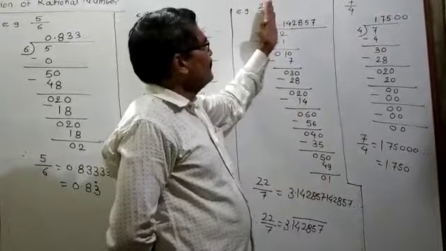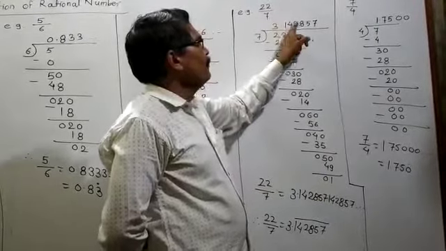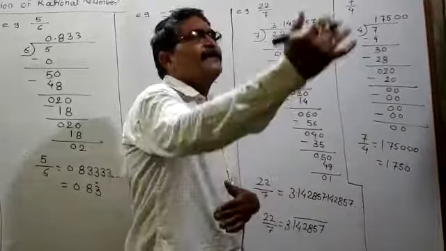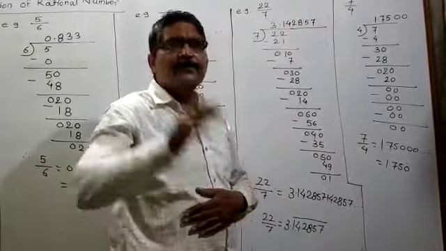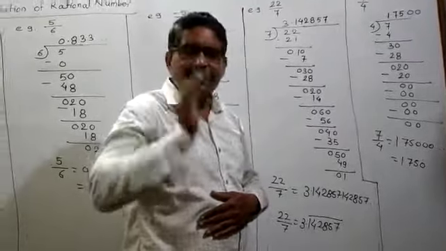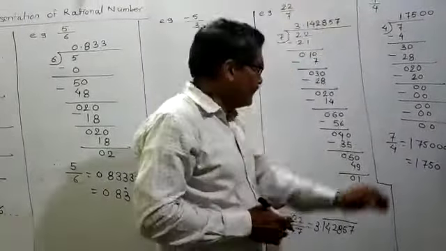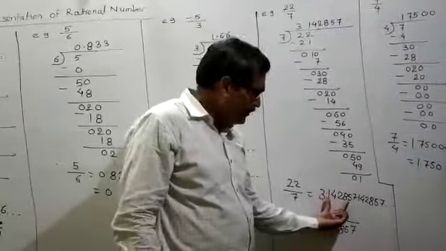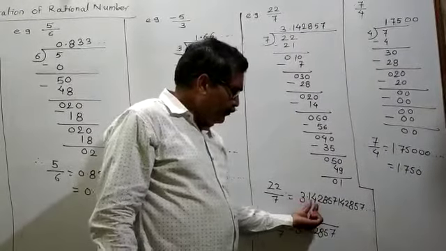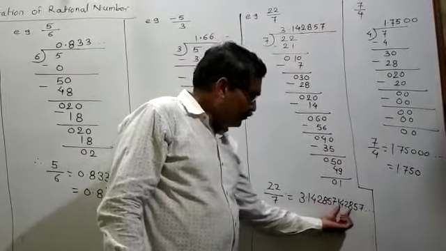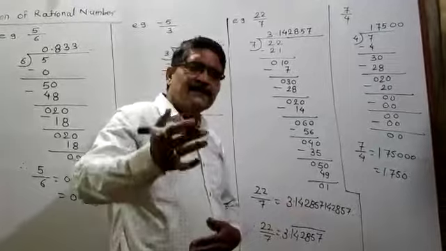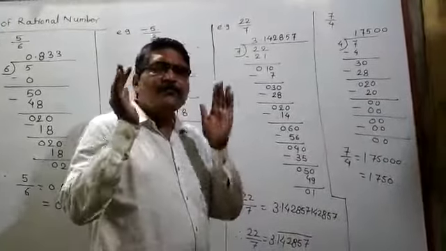Means after this, 3.142857, this 142857 will repeat continuously. The remainder will not come 0, and this number will continuously repeat. So after 3, one group is repeating.